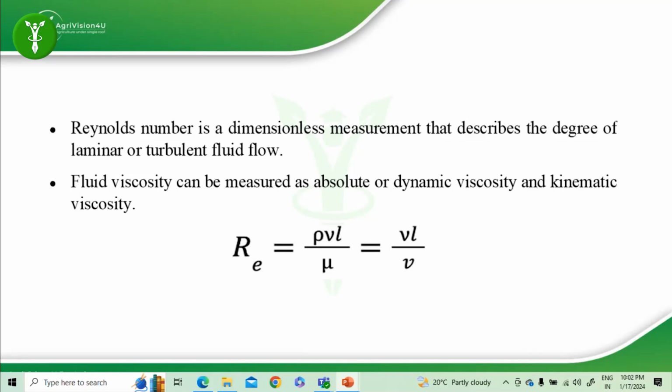When you use the dynamic viscosity, there will be the density, and while converting the dynamic viscosity to the kinematic viscosity, we again divide it by the value of density. So the answers are option A and option B.